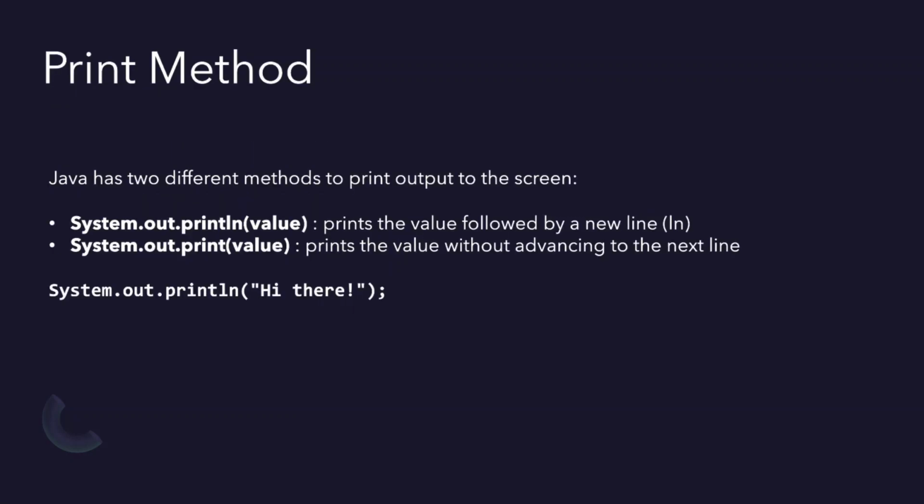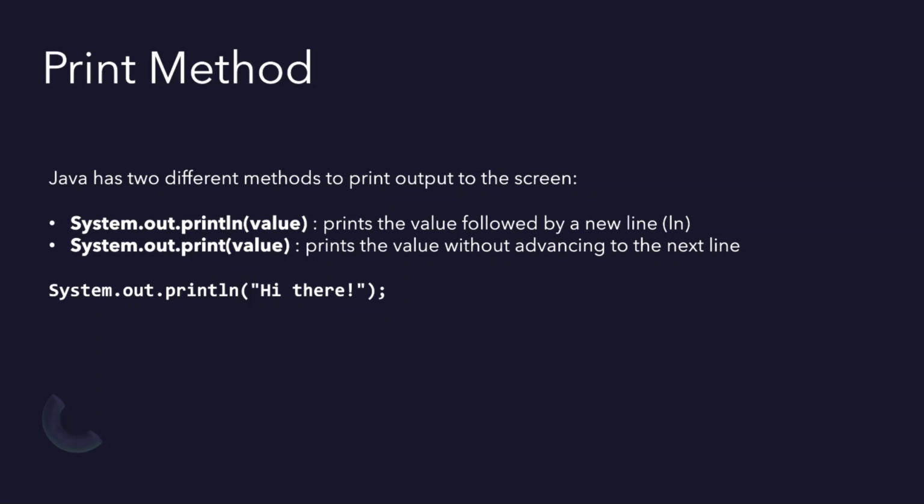These are used to start and end class definitions and method definitions. The print method is probably the first method you will learn in the AP CSA course, and Java has 2 methods to print outputs on the screen. There's System.out.println(value), which prints out the value followed by a new line, and then there's System.out.print(value) that prints the value without advancing to the next line.